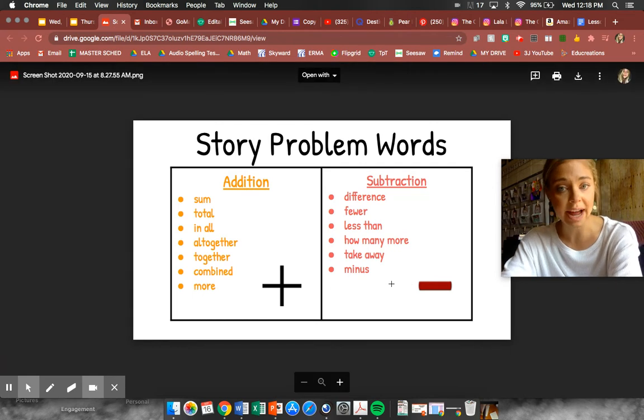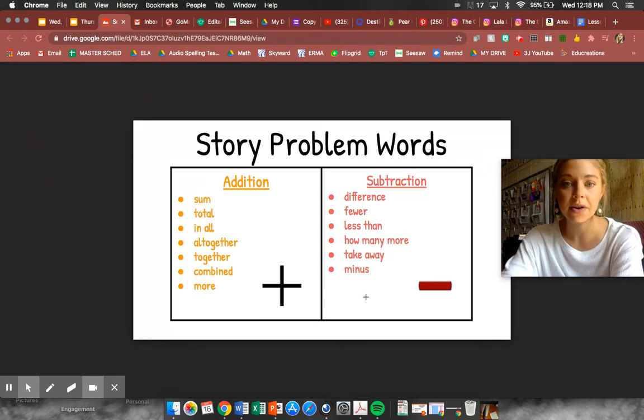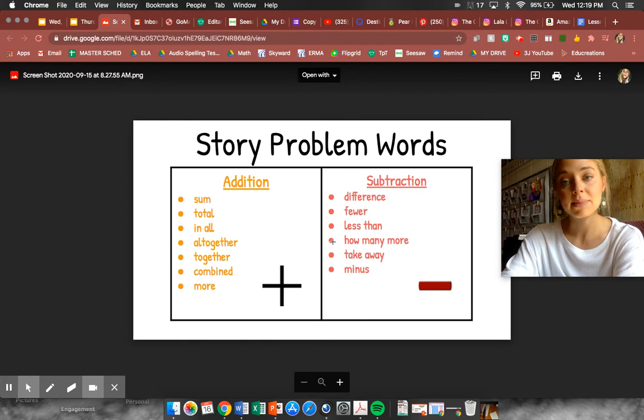Now, on the other side, these words here in the coral color are subtracting words. So if you see one of these words in a story problem, then you'll most likely have to subtract. So this is really important, and we're going to keep this in mind today as we solve our problems.